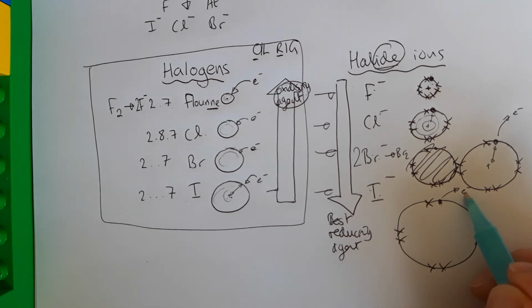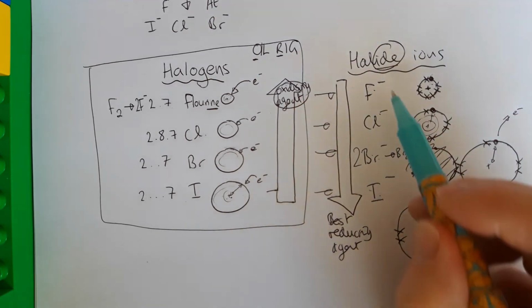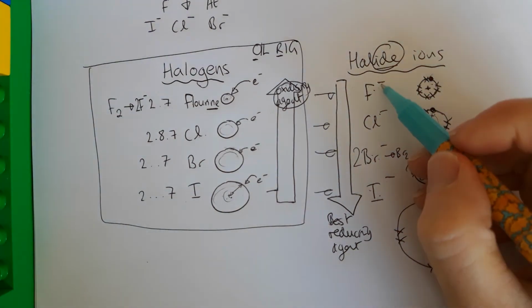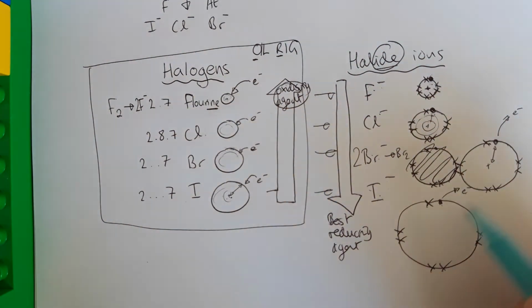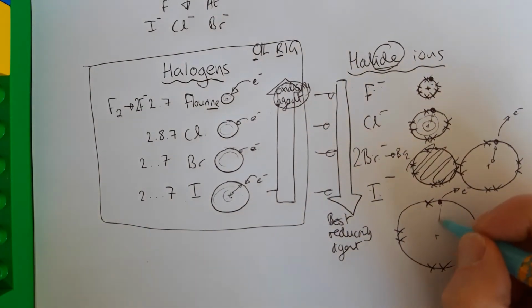If you were a chemical and you wanted to get an extra electron from something, you would go to iodide and not fluoride. Fluoride will hold that extra electron really, really tight and not give it away. Iodide isn't that bothered. It will release that extra electron quite easily because that extra electron is a long way from the nucleus and it's very well shielded.